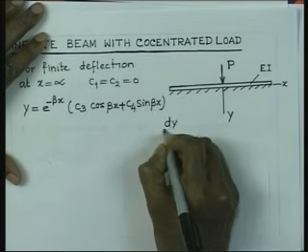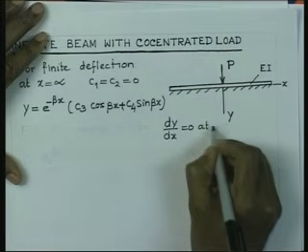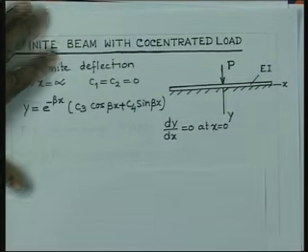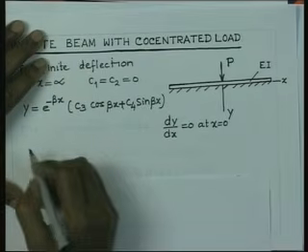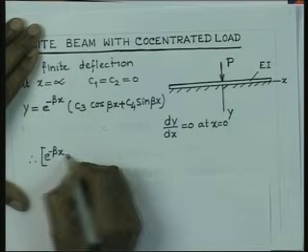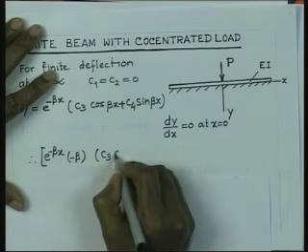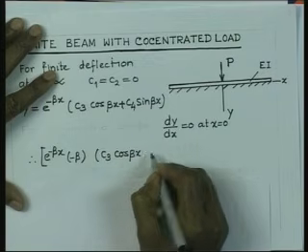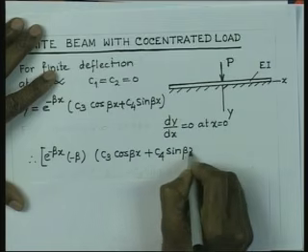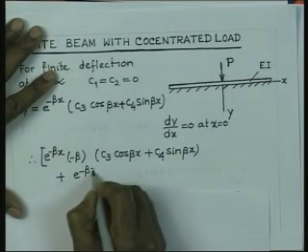dy/dx is equal to 0 at x is equal to 0, that is the symmetric shape, and this derivative we can write therefore e to the power minus beta x into minus beta C3 cosine beta x plus C4 sin beta x, plus we differentiate now the expression inside.